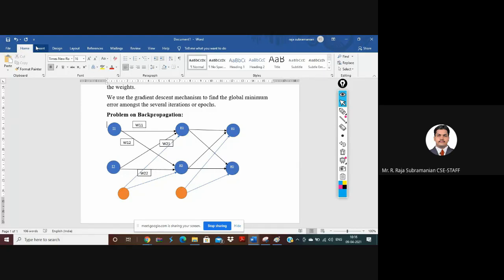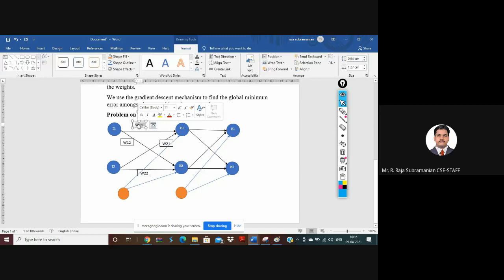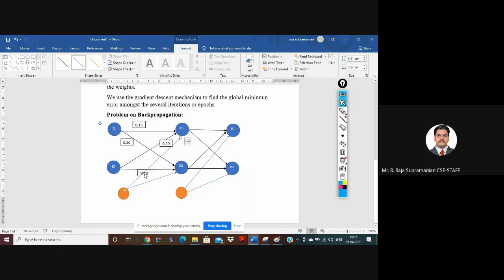Now let us give some values for each of the weights we have. These are the random weights. Assume that the model has arrived at them in the initial training. Say for example, for this the weight the model has taken is 0.15, for this 0.20, for this again 0.20, and for this 0.30.